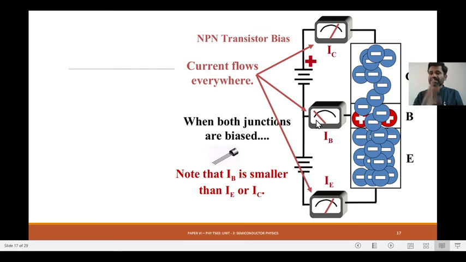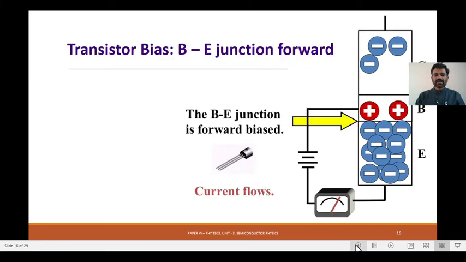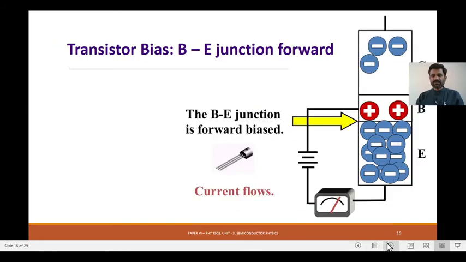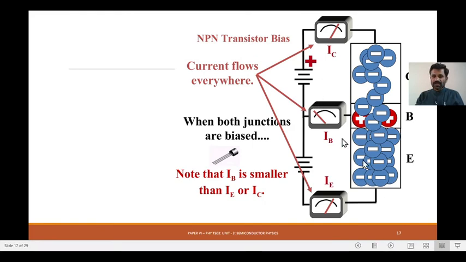And another trick, as I said: the collector base junction is under reverse biased condition, even though the collector current is very huge. Coming to the earlier case, there is no current here. The current is very low. Though it is under reverse biased condition, the current is low, and now you see the magic. But under reverse bias condition, this is having a large current.